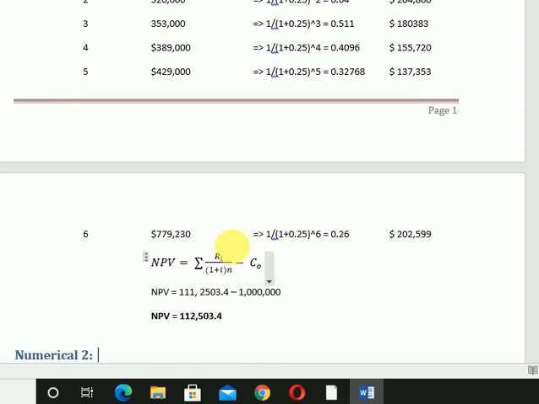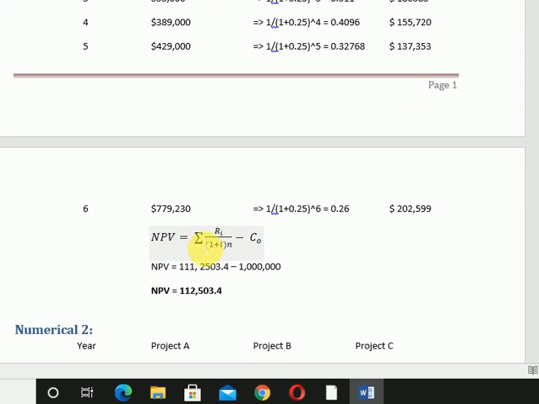Now put the values in the formula. NPV equals summation, this symbol is the summation symbol, of Ri divided by (1 plus i) raised to the power n, minus C naught. So we sum this present value column.